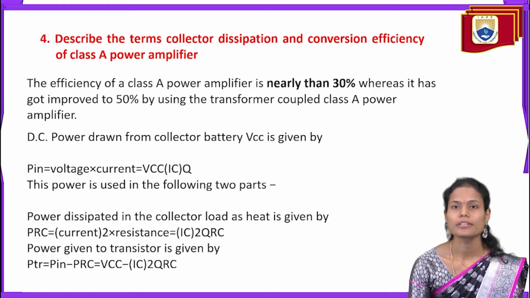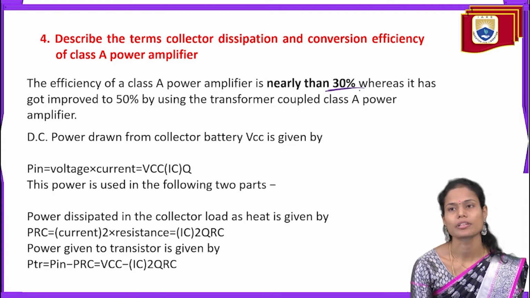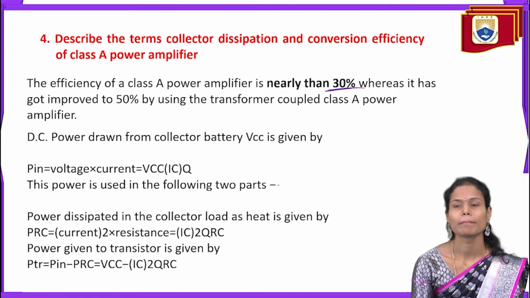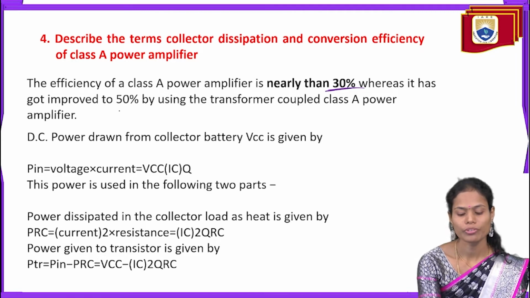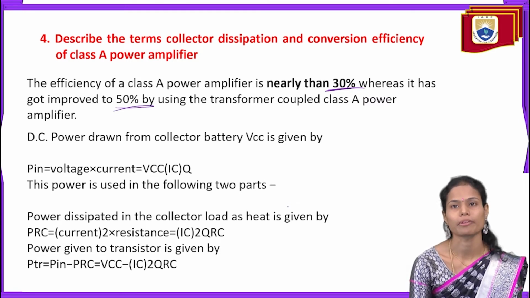Next, describe the terms collector dissipation and conversion efficiency of a Class A power amplifier. In the case of a Class A power amplifier, the efficiency is not more than 30%, but it is improved to 50% by using the transformer coupled Class A power amplifier.